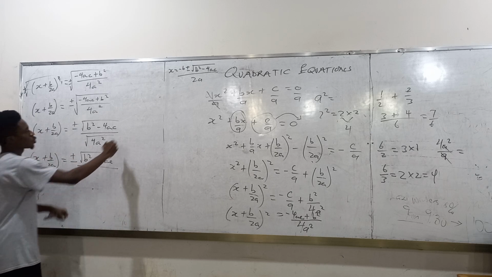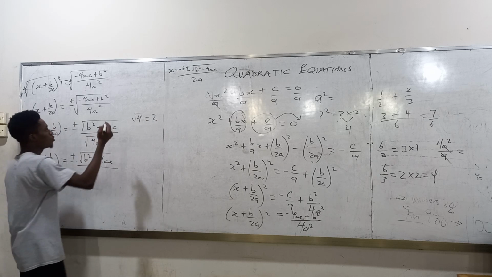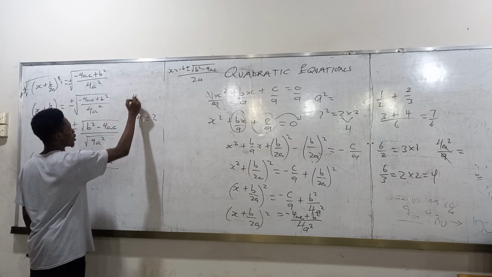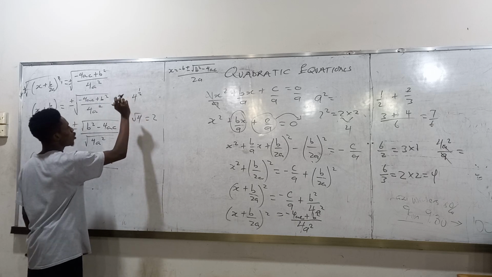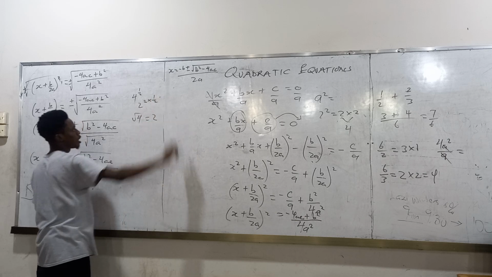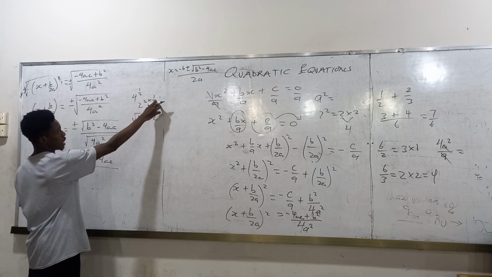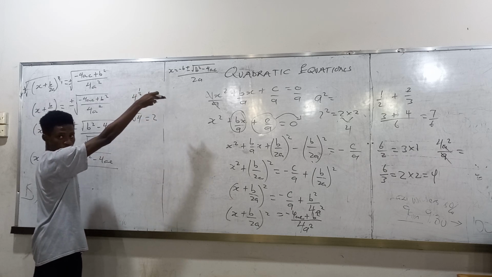Please, the square root of 4 is 2. Square root can be seen as 4 to the power half. And you know that 4 can also be written as 2 to the power 2, but there is half there, so it is 2 to the power 2 times half. Do you get it?